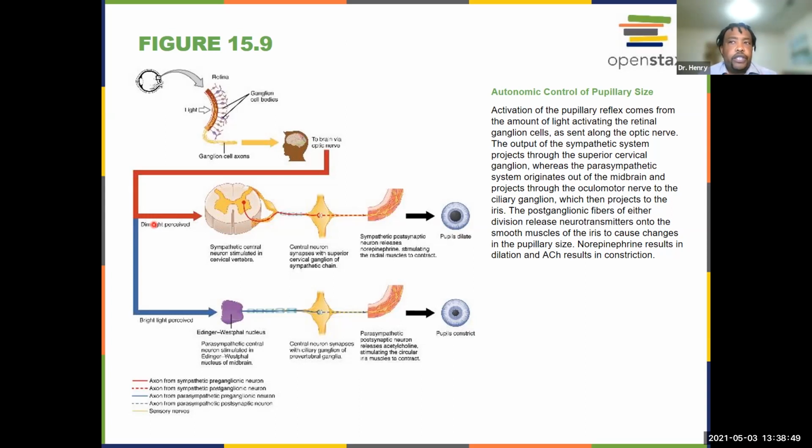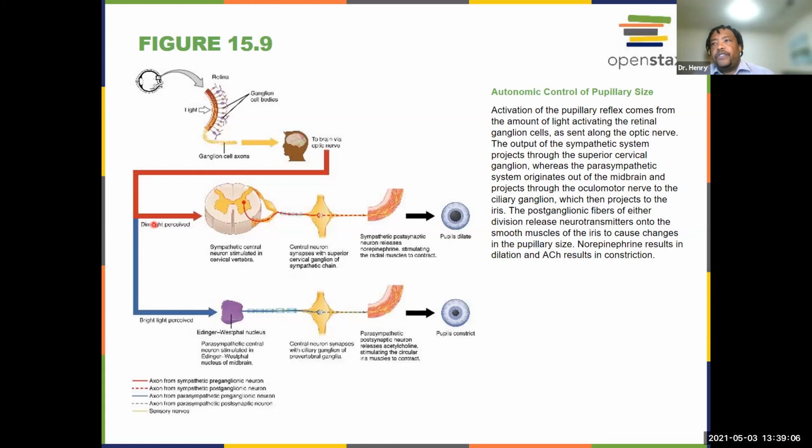Then that goes to the central neuron, which synapses and causes an action potential, a stimulation of the superior cervical ganglion.